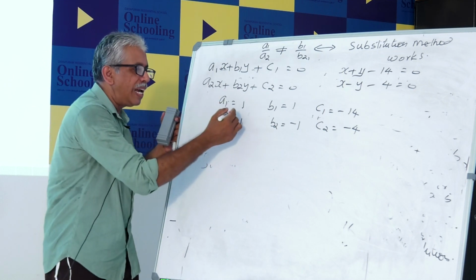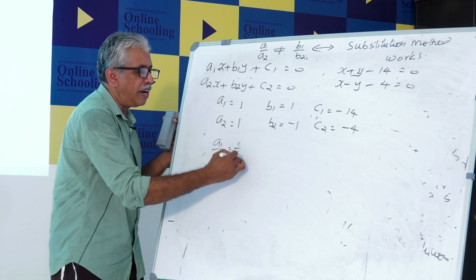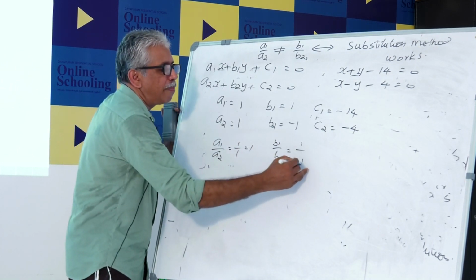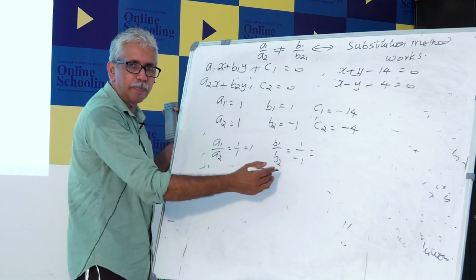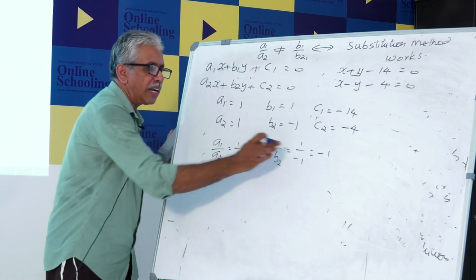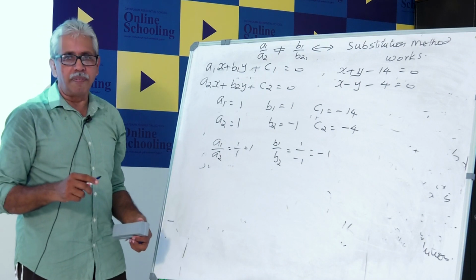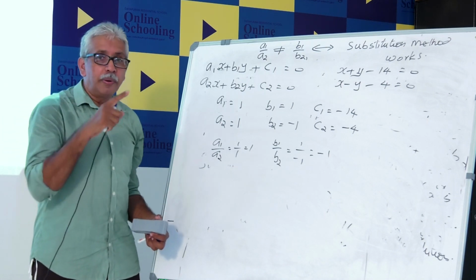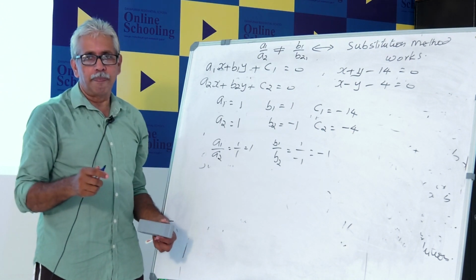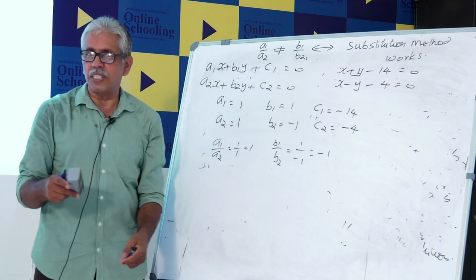What is a1 by a2? a1 by a2 will be 1 by 1, and that is 1, and b1 by b2 is 1 by minus 1, a positive number divided by a negative number, so the answer will be negative. So, it is minus 1. Clearly 1 and minus 1 are different. So, a1 by a2 and b1 by b2 are different. That means you can use the substitution method to solve this question. So, the substitution method works only if this condition is satisfied.